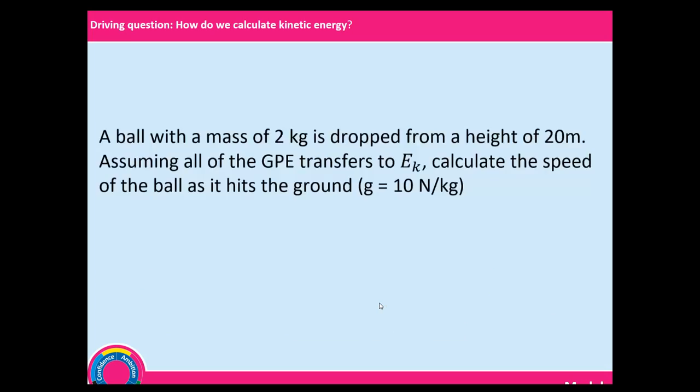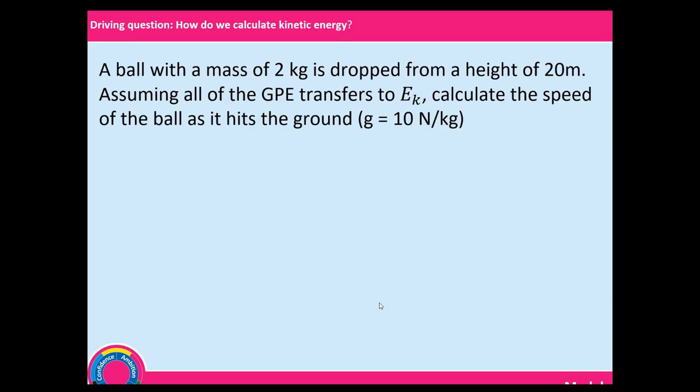Right. How does this apply to us in the situation? Let's take an example. It says a ball with a mass of 2 kilograms is dropped from a height of 20 meters, assuming all of the GPE transfers to kinetic energy. Calculate the speed of the ball as it hits the ground, g equals 10 newtons per kilogram.